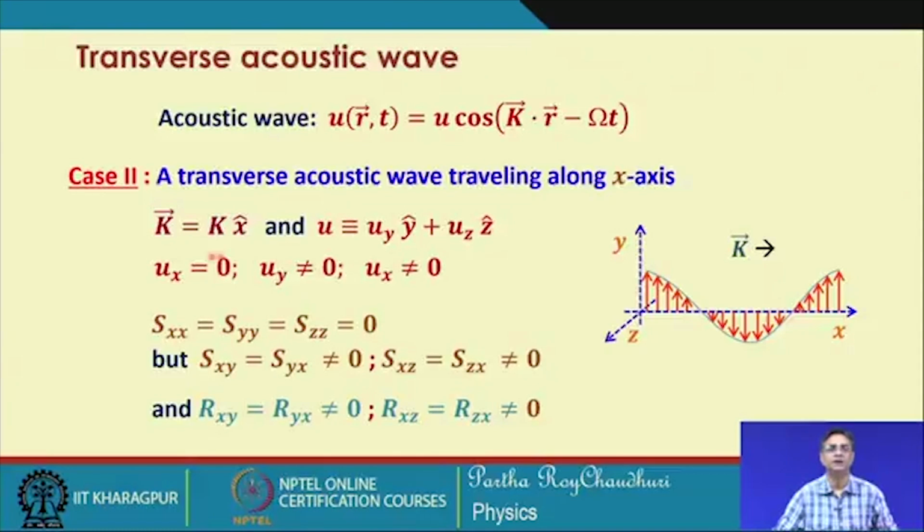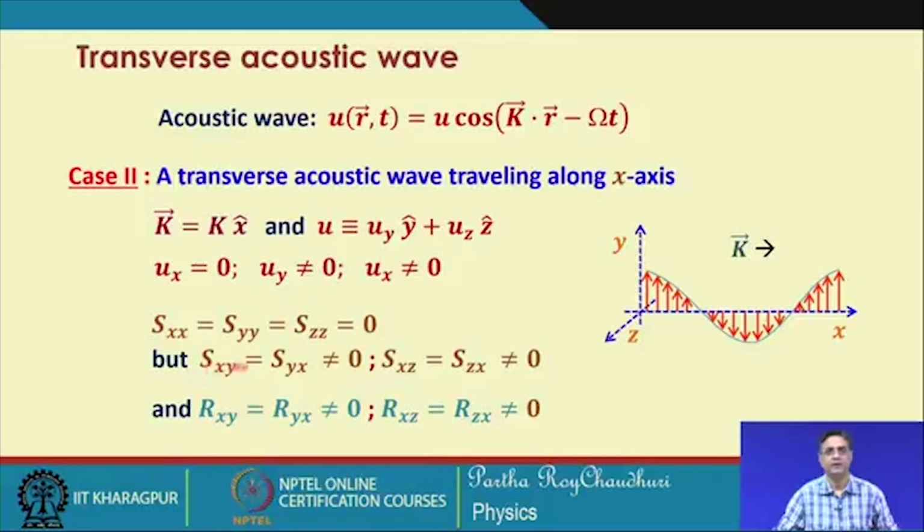We have seen that in that case u x equals 0, but u y and u z are non-zero elements. Because it is not longitudinal, S x x, S y y, S z z are identically 0.